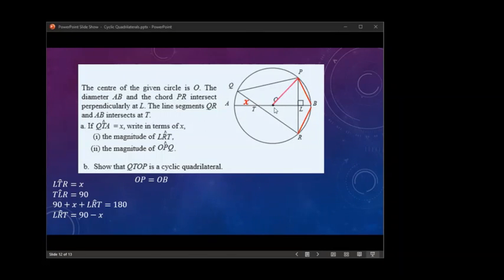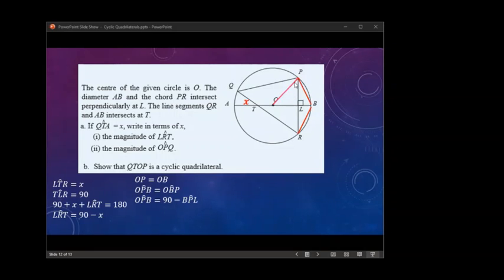Okay, so OP is equal to OB because both are radii of the circle, and OPB is equal to OBP, because since OP is equal to OB, the triangle OPB is an isosceles triangle. Then OPB is equal to 90 minus BPL, right?